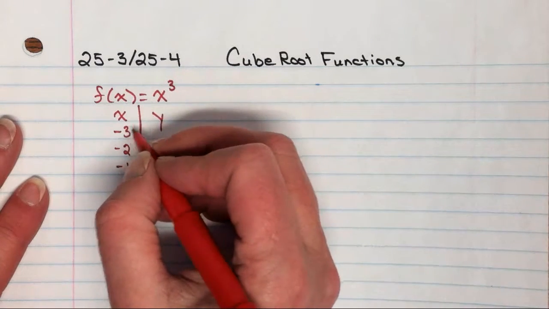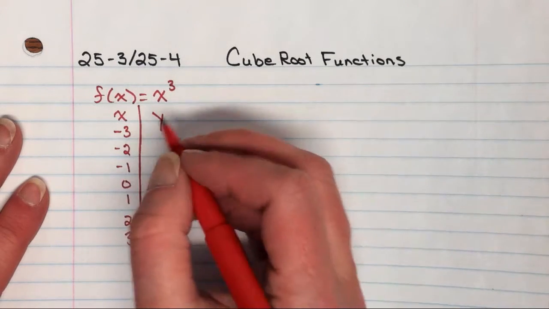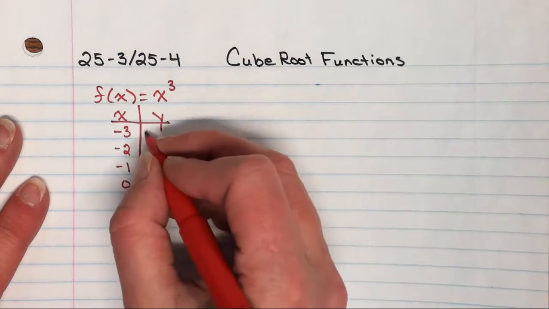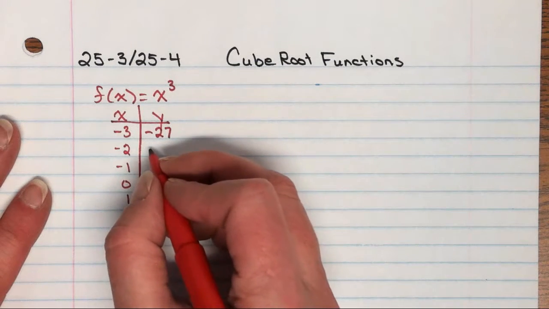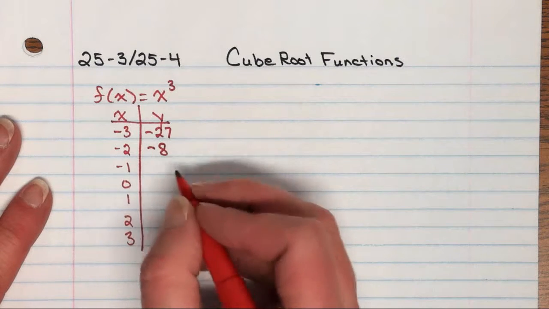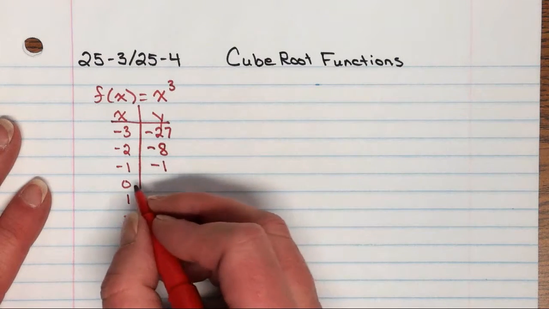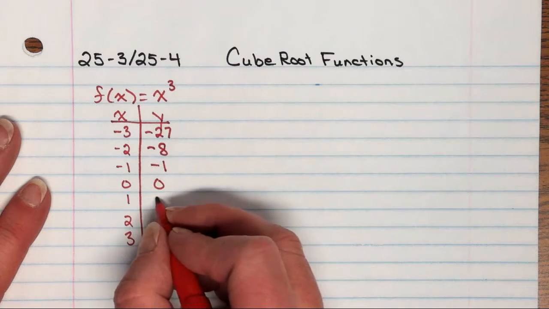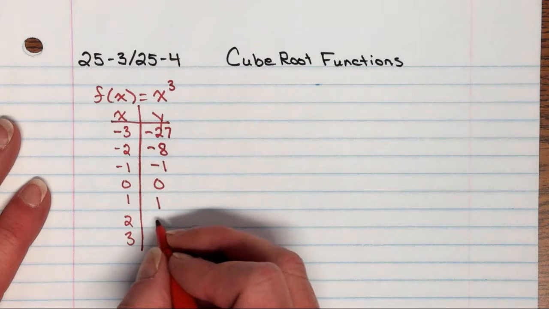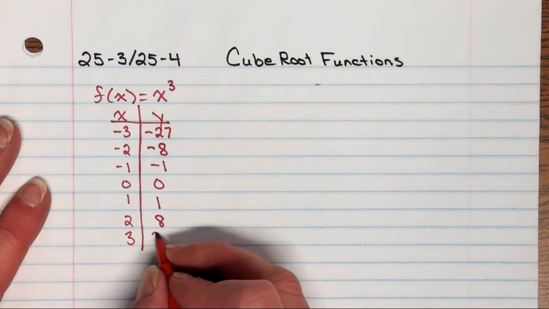So if I take -3 and cube it, -3 times -3 times -3 gives me -27. -2 cubed is -8. -1 cubed is -1. 0 cubed is 0. 1 cubed is 1. 2 cubed is 8. And 3 cubed is 27.